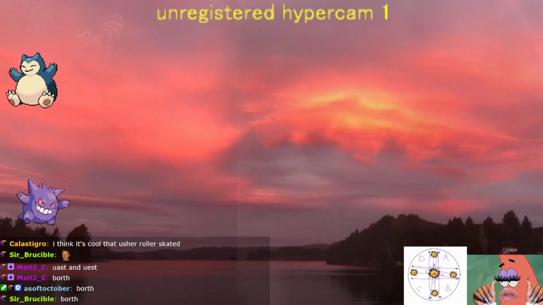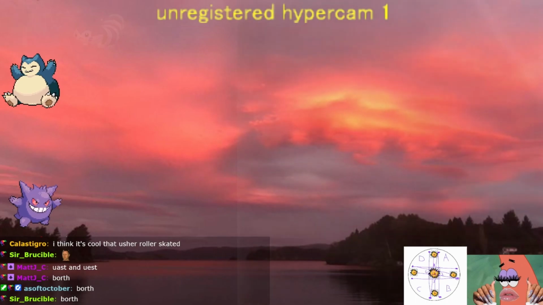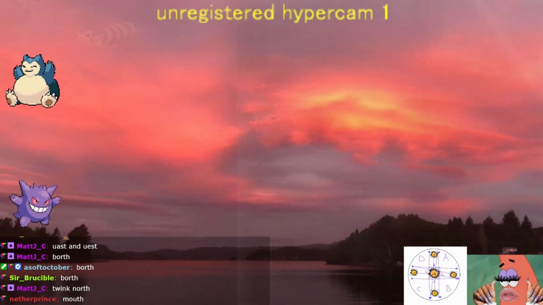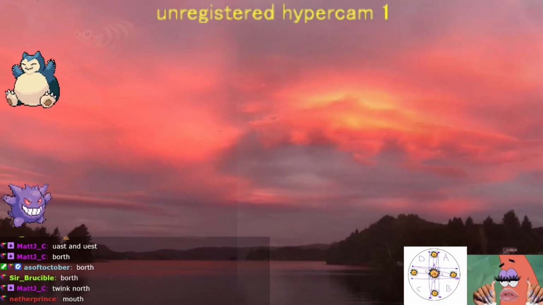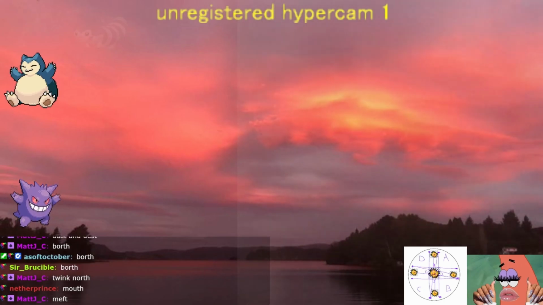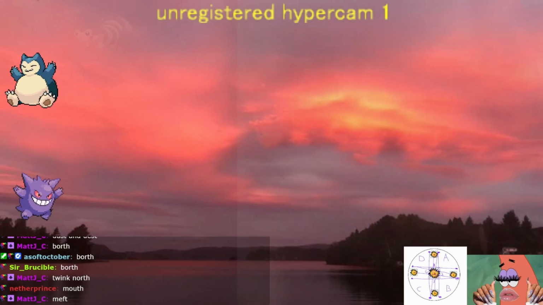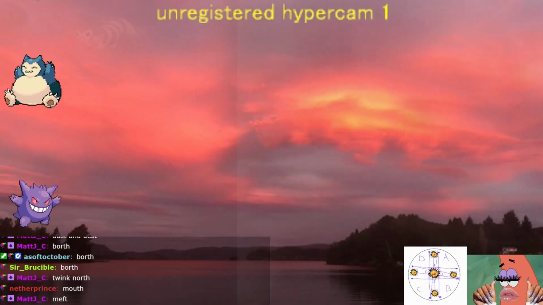So currently we're dealing with Moth North, Moth South, Moth Left, and Moth Right. Or Morth, Mouth, Meft, and Might. My favorite directions.